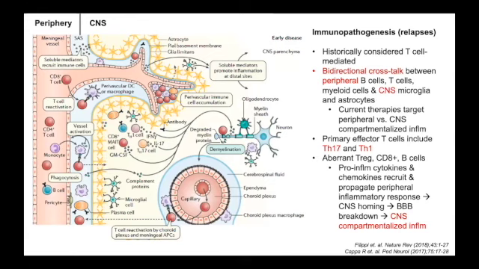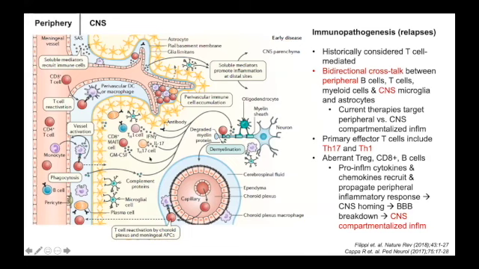And so in terms of the immunopathogenesis, here you have the periphery and the CNS compartment. This was historically considered to be a T cell mediated disease, but now we know that there is bidirectional crosstalk between the peripheral immune cells and the CNS resident microglia and astrocytes. All our current therapies primarily are targeting the peripheral immune response and are very poor at addressing the compartmentalized CNS inflammation.